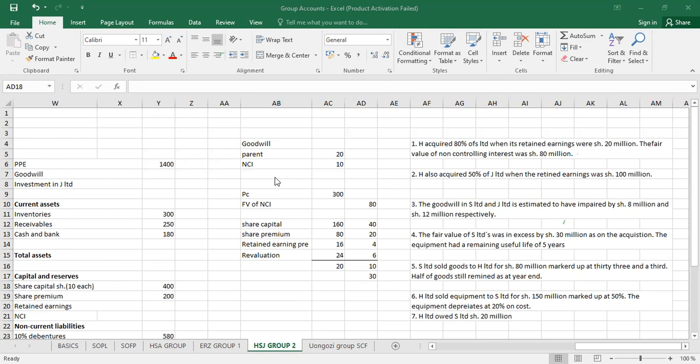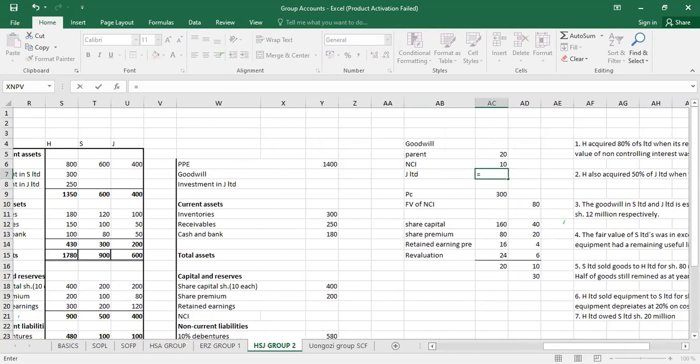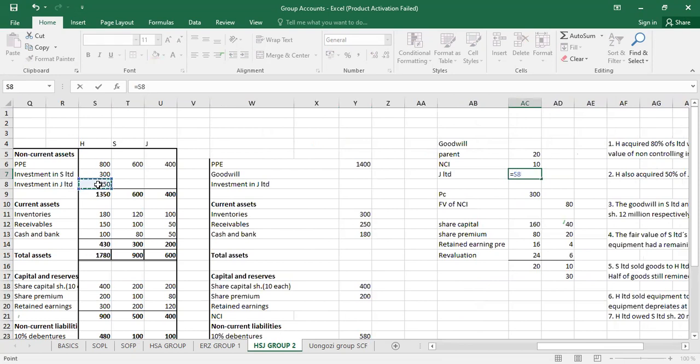Okay, we'll continue. We also have the joint venture, J Limited. The goodwill for J Limited equals the purchase consideration, which is 250, minus the share of net assets acquired. It acquired 50%, from additional information number 2, so 0.5.